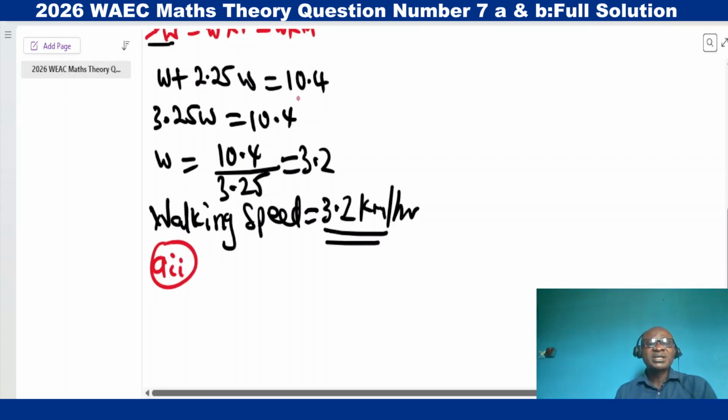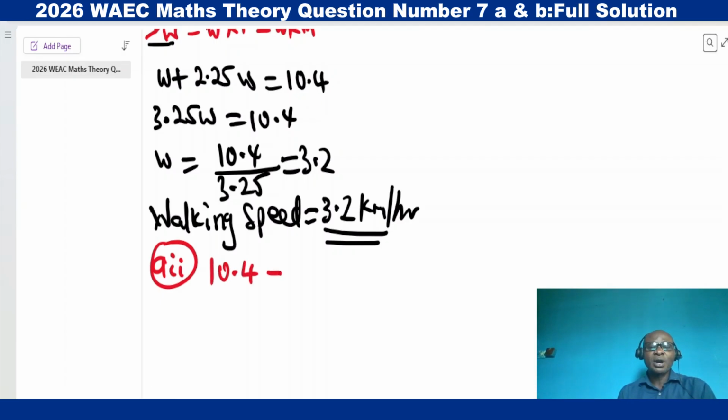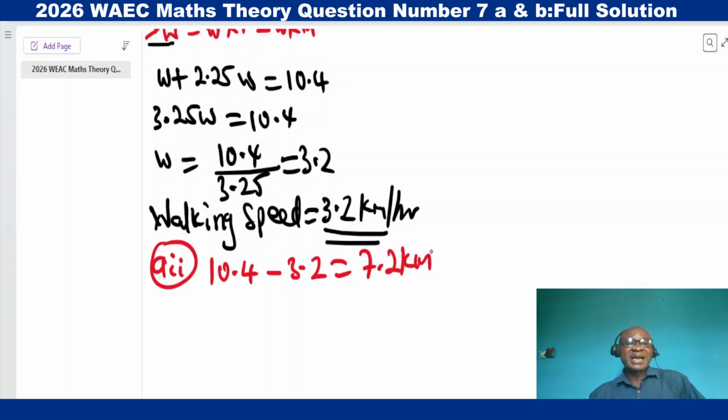Since the total distance is 10.4, I can simply write that 10.4 minus 3.2 will give me the exact cycling distance, because that one is not yet known. 10.4 minus 3.2 will now give me 7.2 kilometers. This is now the cycling distance.